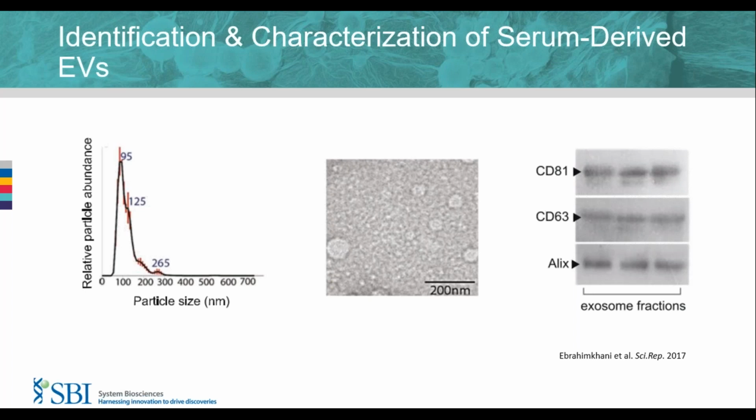And then they analyzed by nanoparticle tracking analysis, as you can see on the left-hand side of the screen, and also by transmission electron microscopy. They assessed exosomal markers like CD81, CD63, and ALIX to identify and characterize the EV isolation.